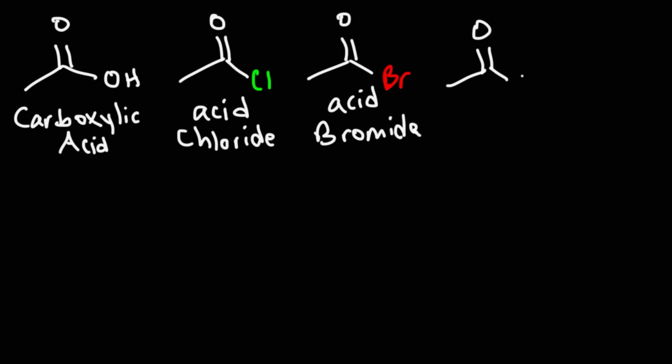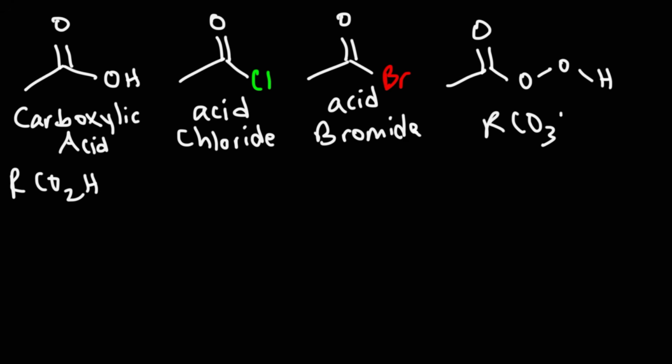Now, what do you think this is? So instead of RCOOH, which is also RCO2H, you'll see this as RCO3H in orgo 1 and orgo 2. So if you remember this functional group, this was an organic peroxide.